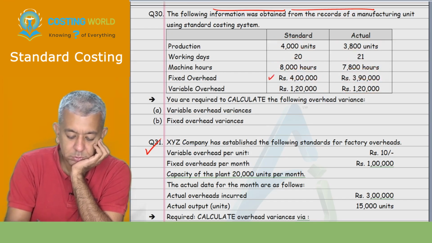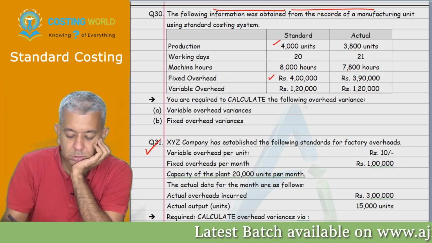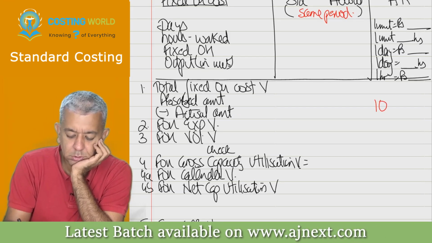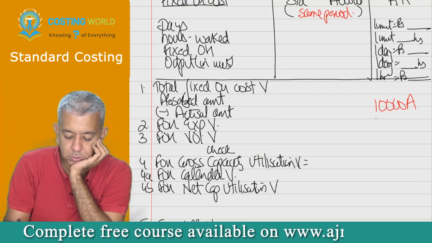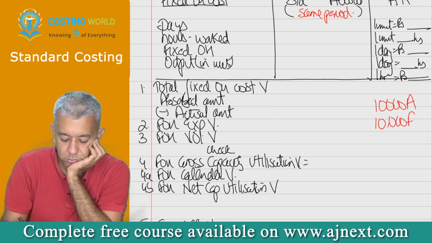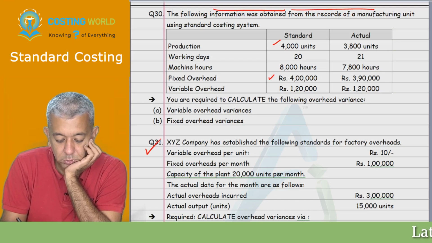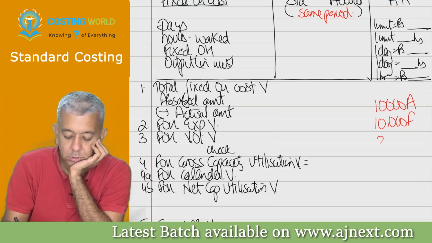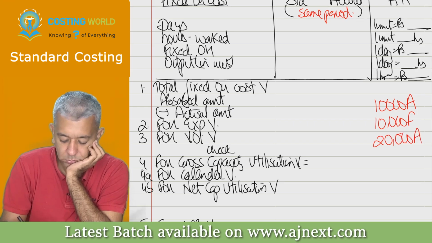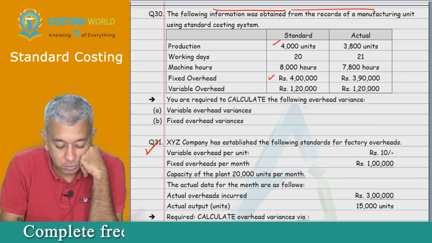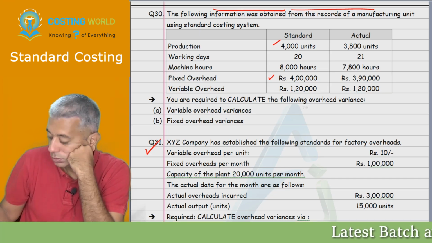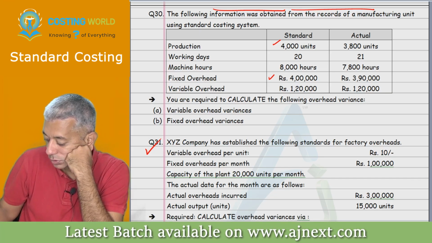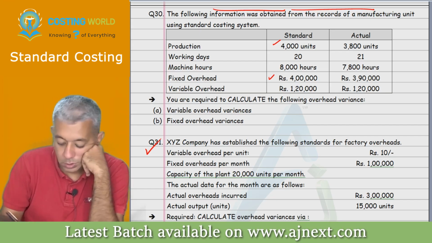4 lakhs upon 4,000, 100, 3 lakh 50. 10,000 adverse, then 10,000 favorable, then 4,000, 2,000, 200, 200 into 10. 20,000 adverse. Capacity utilization, 200 hours, 4 lakhs, 10,000 adverse, no?